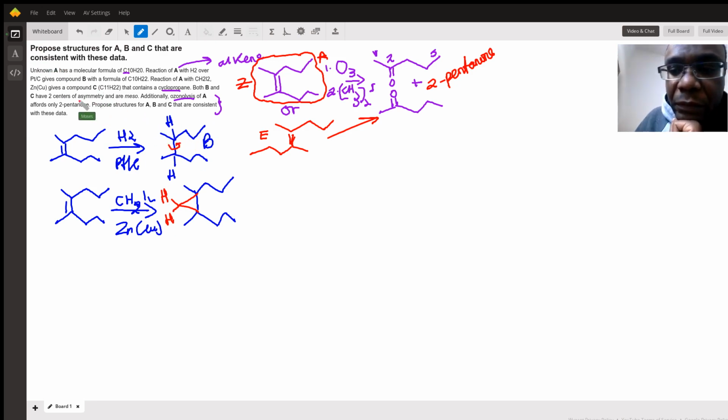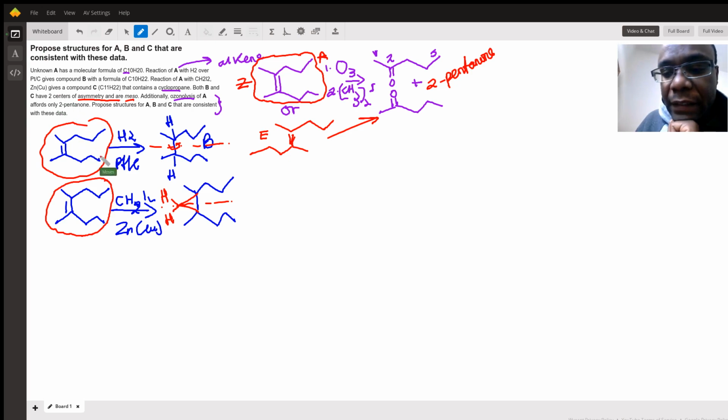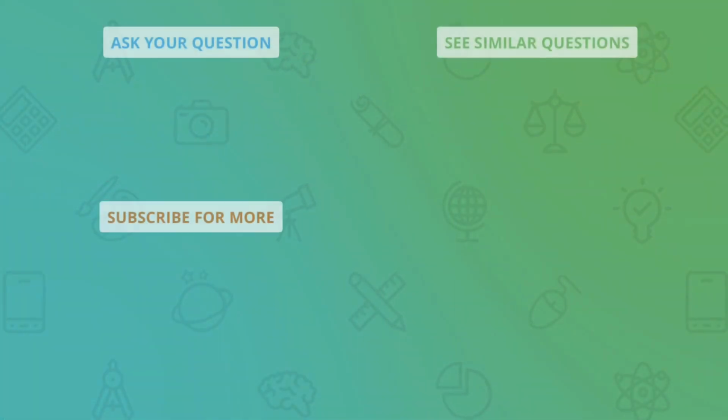That's what we're talking about, asymmetry. The molecule can be cut into equal halves, so it's meso. And also this has a point of asymmetry. You can cut it in half, so it's meso. So yes, the true identity of A should be this alkene. And I've given you the structures of B and C. I hope that helped you out.